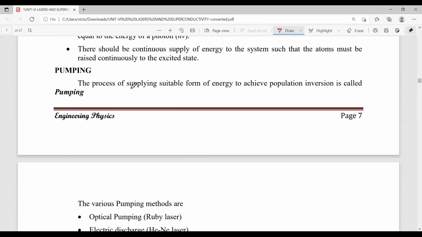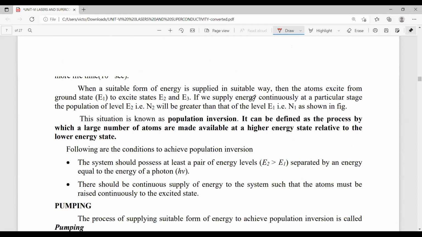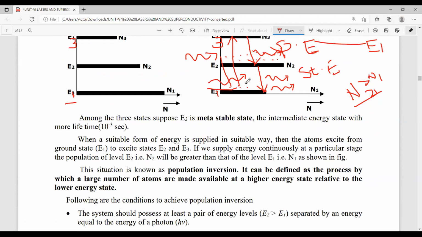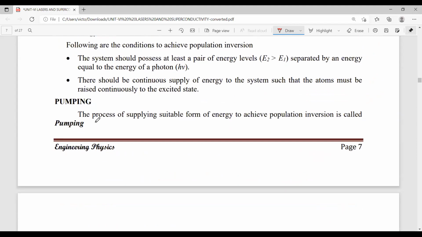So then what is the pumping method, and what is the phenomenon of pumping? In this process, we have to give some external energy in different forms. Then only does the process take place. Pumping method means the process of supplying a suitable form of energy to achieve population inversion.